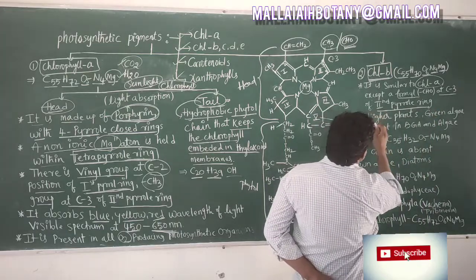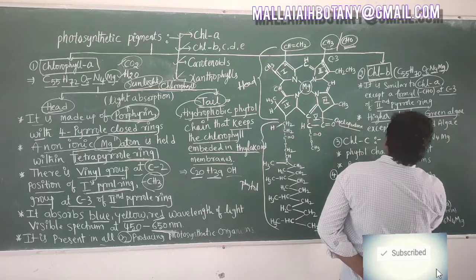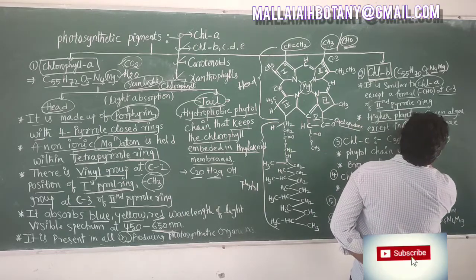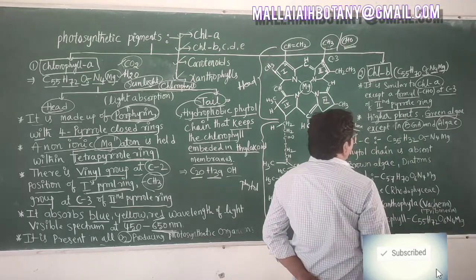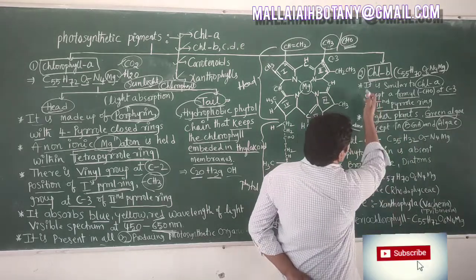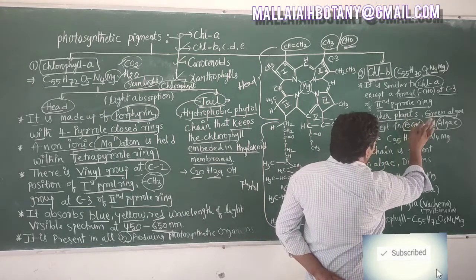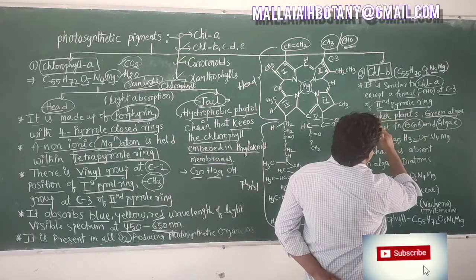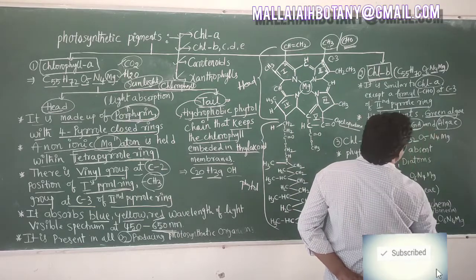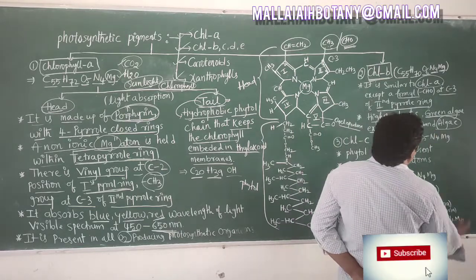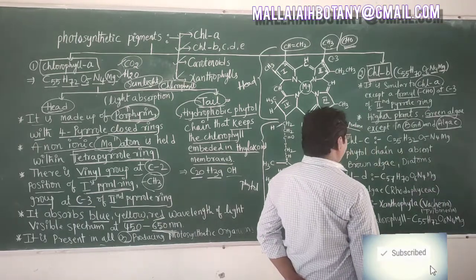Chlorophyll B is present in higher plants and green algae, except that it is absent in blue-green algae like Nostoc and Anabaena, and some algae also lack chlorophyll B.